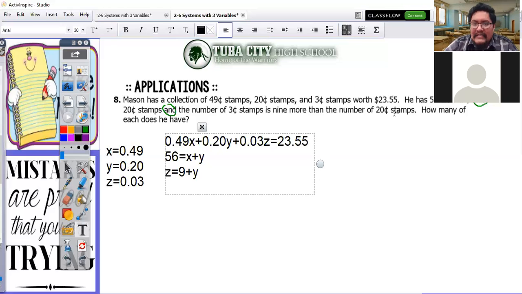However many of the 20 cents he has, there'll be 9 more of the 3 cents. For example, if he had 10 of the 20-cent stamps, he'd have 19 of the 3-cent stamps.